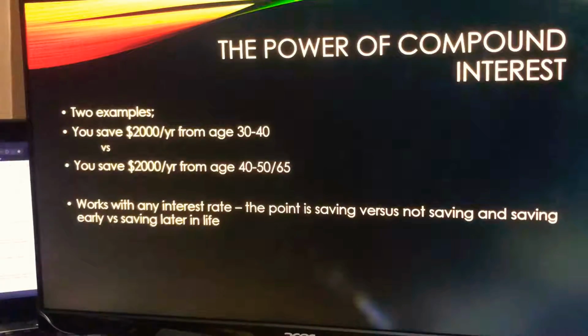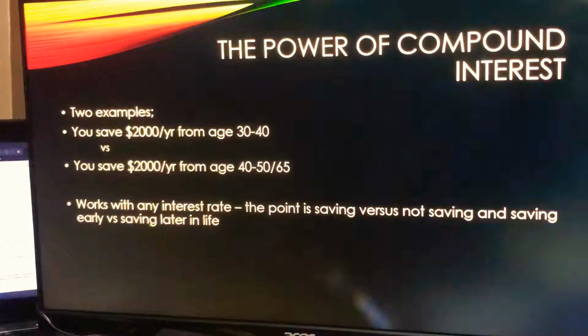One, you save $2,000 a year from age 30 to 40, so that's 11 years. And second example, you save $2,000 a year from age 40 to 50, so the same amount, 11 years, and that will show you the difference between saving early in life versus saving later in life.